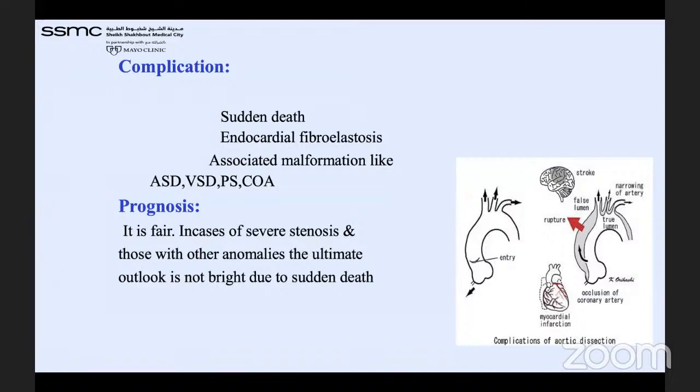Prognosis is fair in cases of severe stenosis and those with other anomalies. The ultimate outlook is not bright due to the sudden death. So the prognosis of severe aortic stenosis is not that great as compared to ASD or VSD or other acyanotic disease. So you have to be very careful if you have a patient with aortic stenosis.